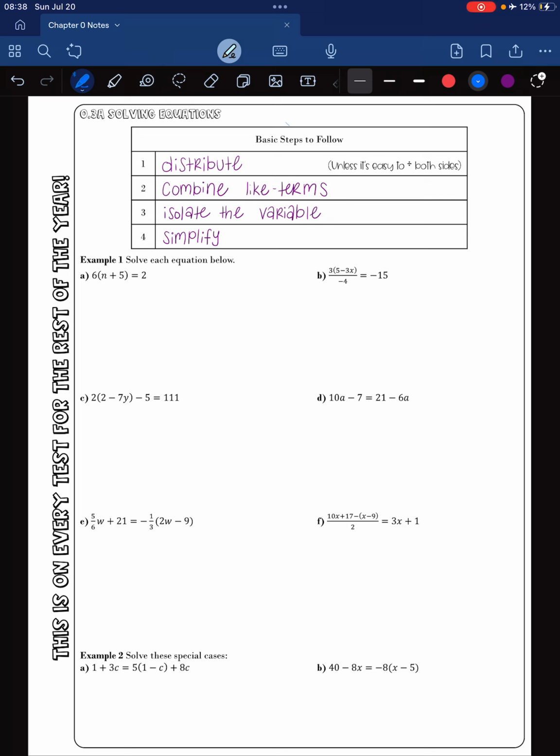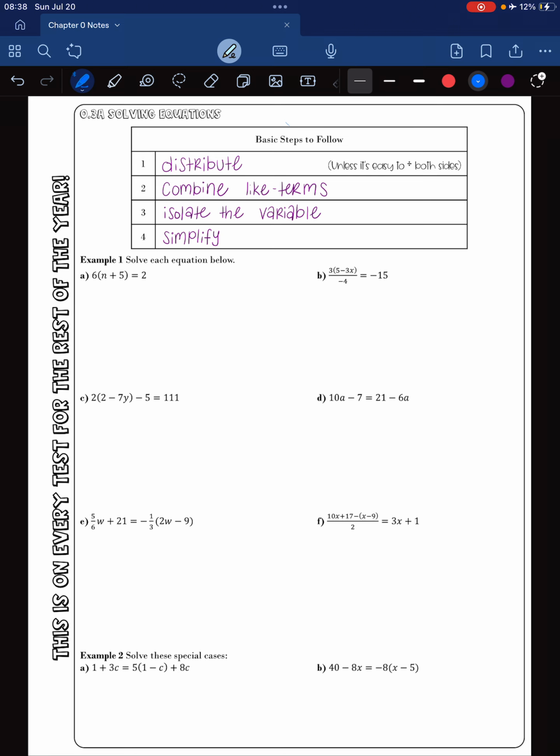So, we just need to make sure as we're solving equations that we still follow the order of operations. It is so important that when we are combining terms, we follow that order of operations forward.